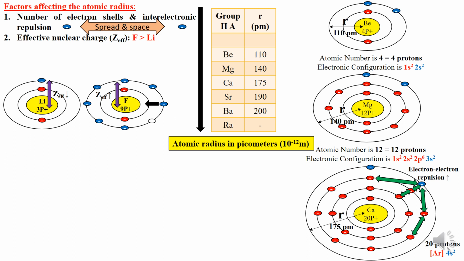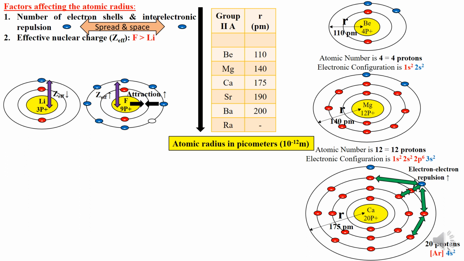Lithium has 2 shells, fluorine has 2 shells. Lithium has only 3 electrons while fluorine has a total of 9 electrons.